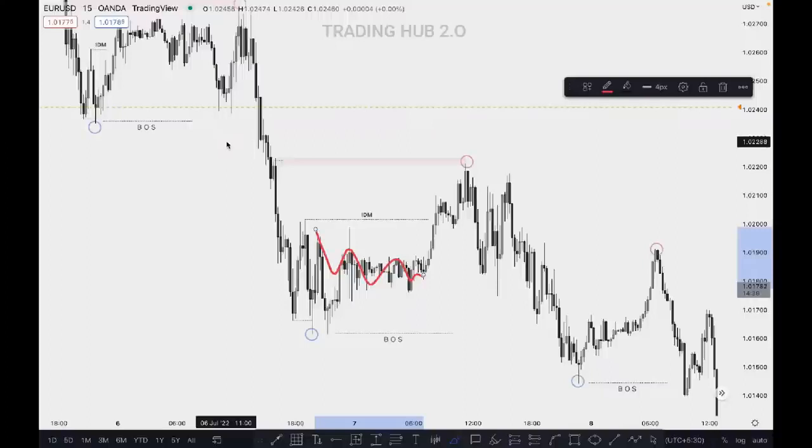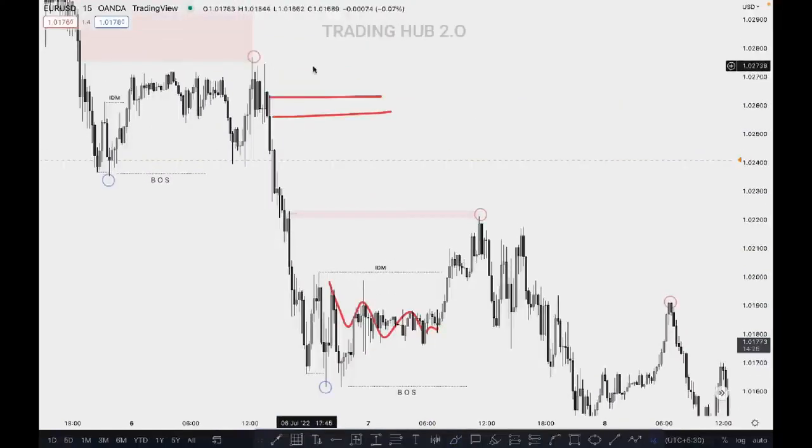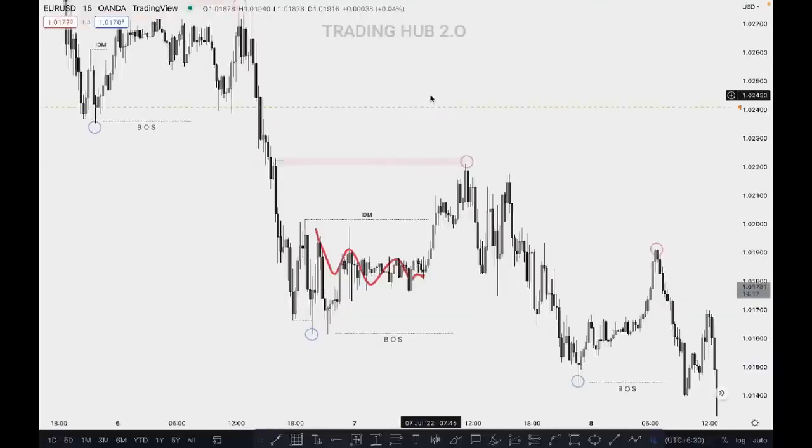Then you apply the M1 time frame. Once the market taps on this supply zone, which is here, and the next supply zone is here, this entire candle, at this point we can use the M1 time frame.